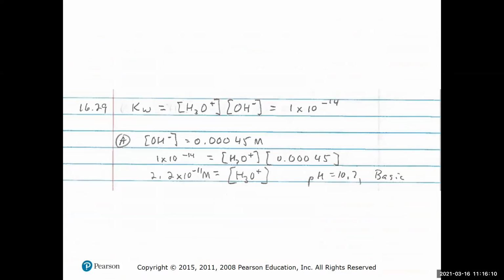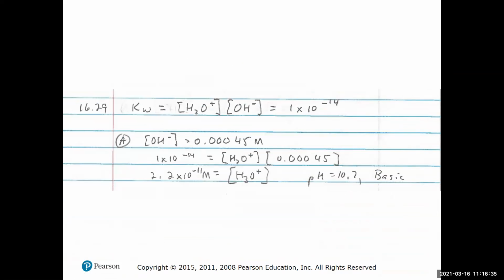Let's take a look at 16.29. In 16.29, we want to calculate the hydrogen ion concentration for these solutions and then decide if it's acidic, basic, or neutral. So here's where that equilibrium expression for water comes into play.